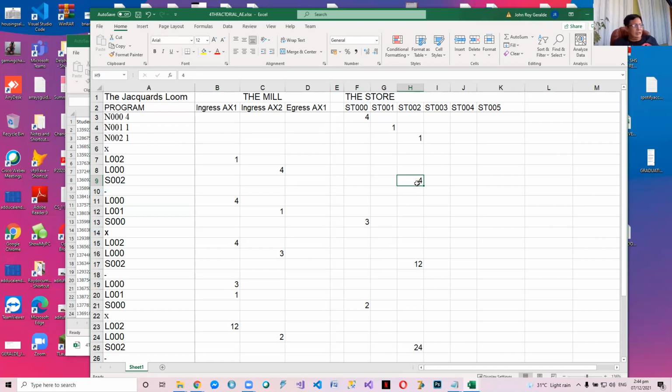So did you get the program now? This is the very first one: 4 times 1 equals 4, placed here. The next is minus. This is an operation card from the operation cards loom. What will we subtract? First we load 000, which is 4. This 4 is placed here in ingress axis 1.